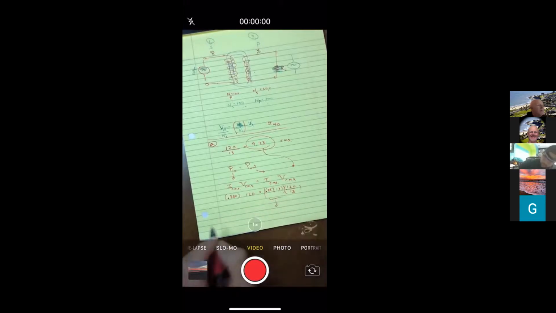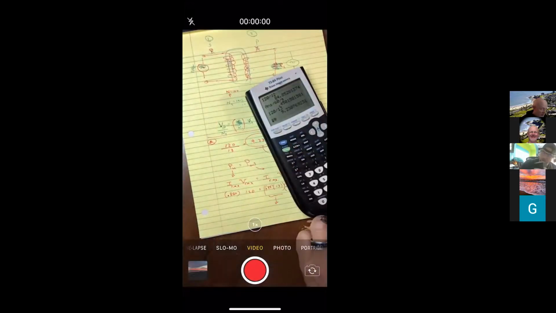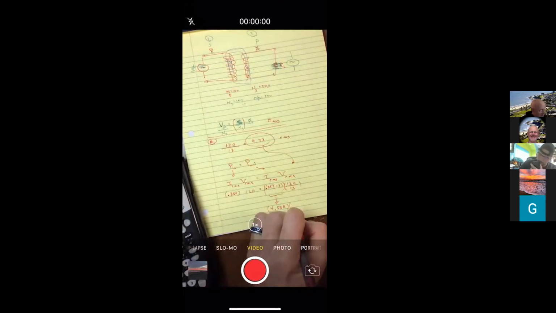So this is the number they're looking at. 0.35 times 13 means we're looking at 4.55 amps in the secondary, going together with the 9.23 volts in the secondary.